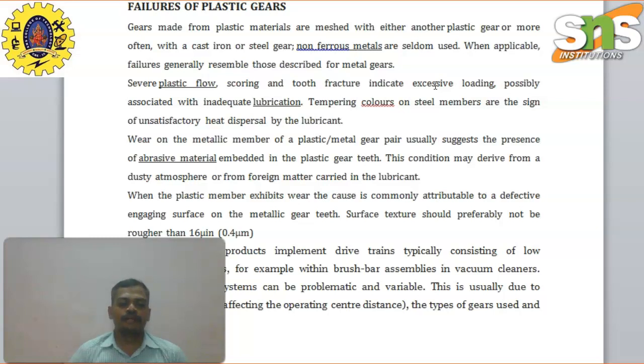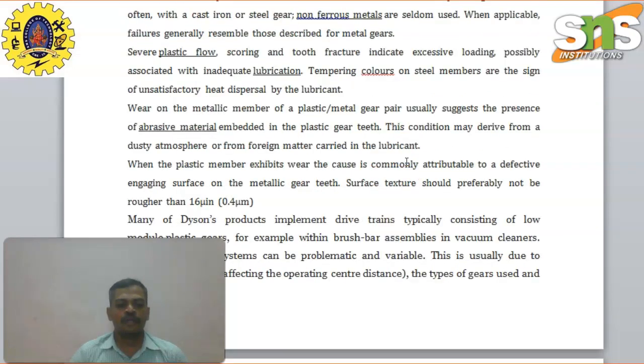When the plastic member exhibits wear, the cause is commonly attributable to a defective engaging surface on the metallic gear teeth. Surface texture should preferably not be rougher than 16 μin, 0.4 μm.